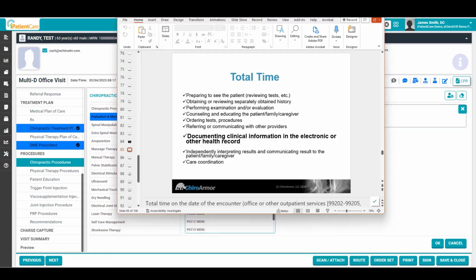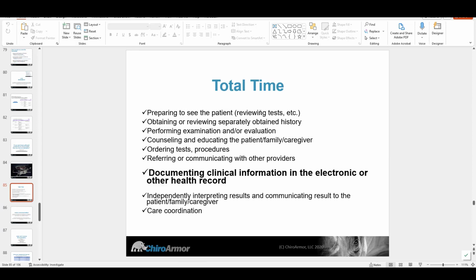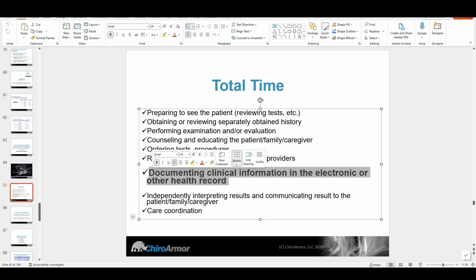So as a sidebar comment, based on the coding guidelines, you can see that the total time requirement when documenting time would include, on this particular day, it has to be on the date of encounter of the exam, preparing to see the patient, reviewing tests, obtaining and reviewing separately obtained history, performing examination, counseling or educating the patient, family, or caregiver on that day, ordering any tests or procedures, referring or communicating with other providers, and you'll see in bold documenting clinical information in the electronic health record, independently interpreting results, communicating results, and care coordination.